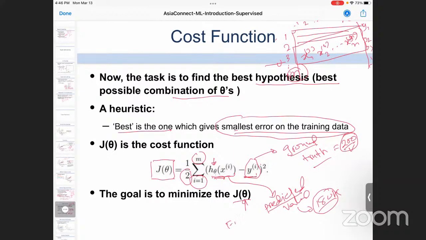Here the only unknown value is theta. All other things are known. You have a hypothesis, you know this. Your y is known, your x is known, only theta is unknown. So you have to steer the theta and find the theta that will give you the minimum value for this function. That's why we call this the cost function. Okay.